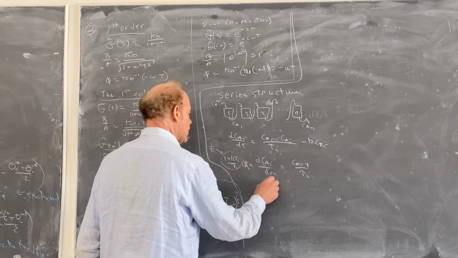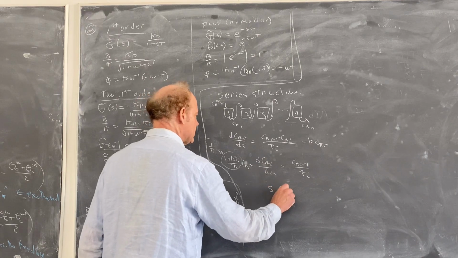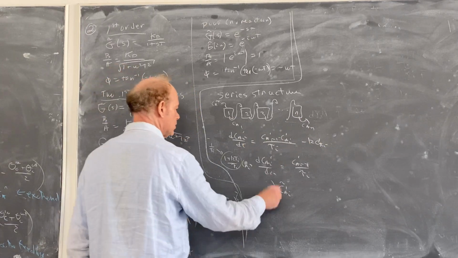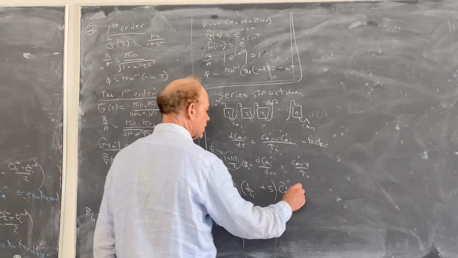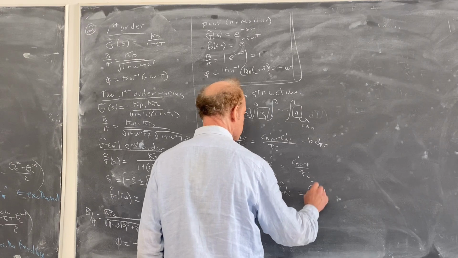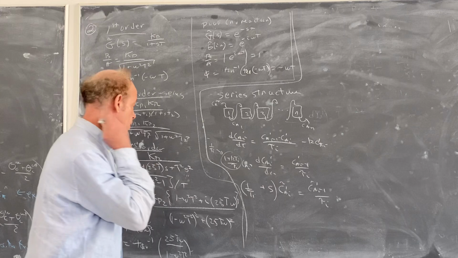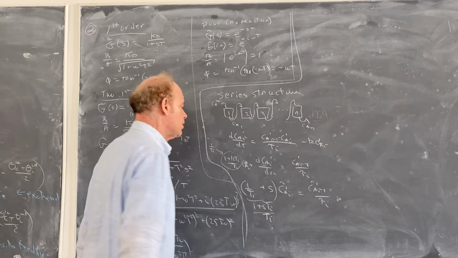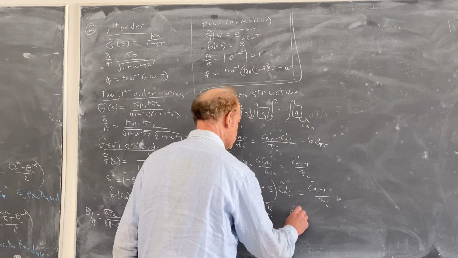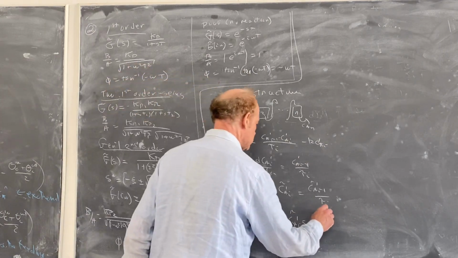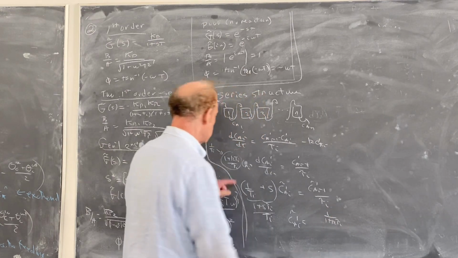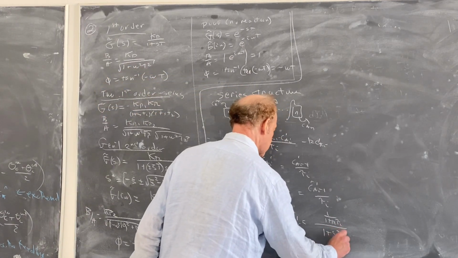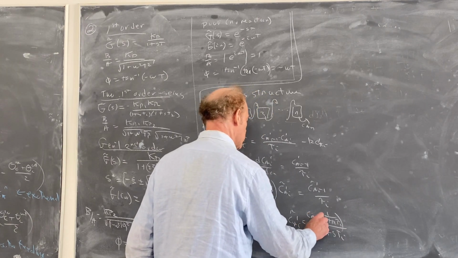And when I Laplace transform, I have s CAI prime tilde plus (1 plus k tau I) over tau I CAI prime tilde is equal to CAI minus 1 prime tilde over tau I. And then this just becomes CAI prime tilde equal to 1 over (1 plus k tau I) times 1 over (1 plus s tau I) times CAI minus 1 prime tilde.